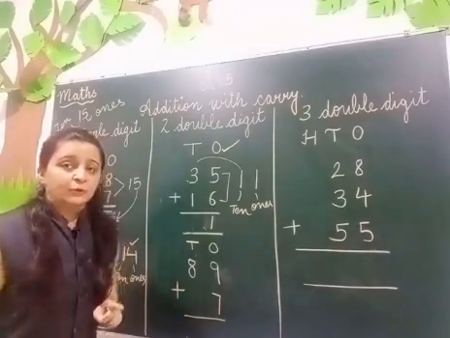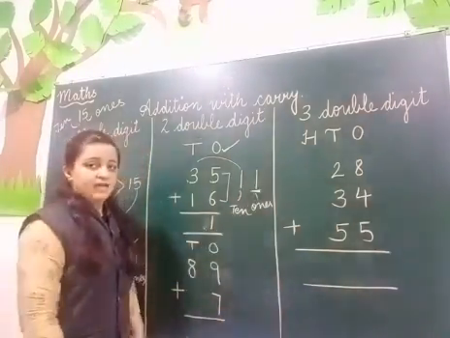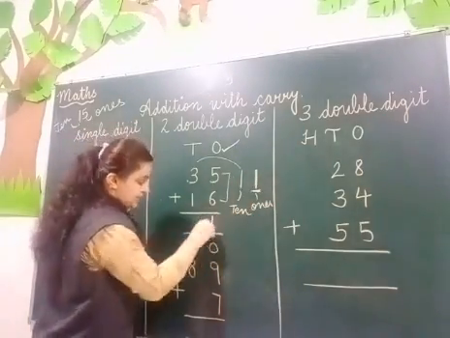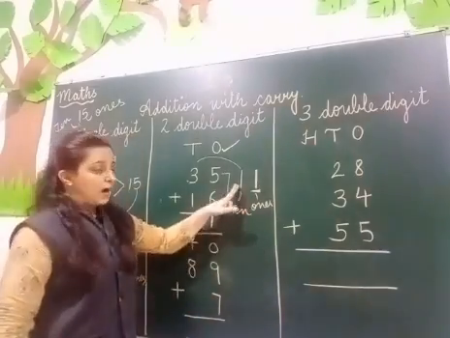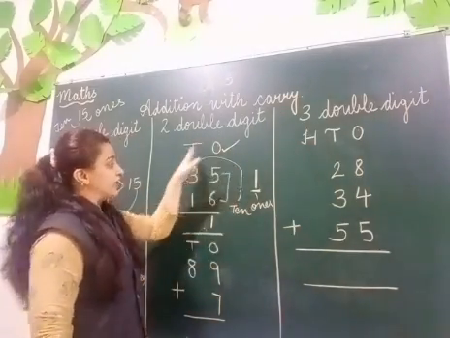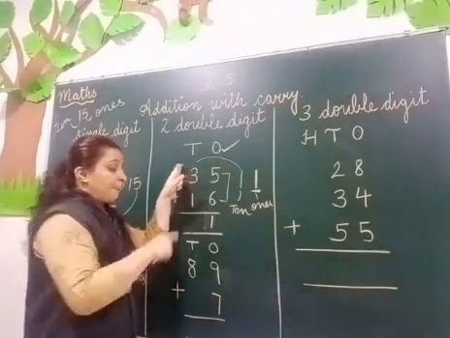So what you will do: the back digit of 11, the one that has to be written at the ones place, this one I am writing here, and this 1 ten, I am giving as carry to the tens place. Okay?